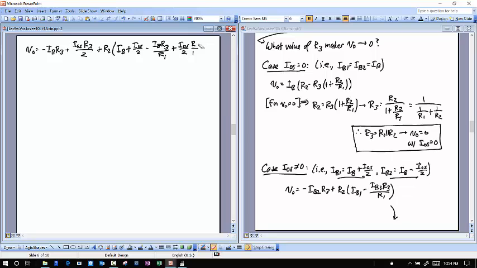Let me be clear about the R3s here. Still doesn't look like a 3 necessarily, so there it is. Okay, so this is the equation that I end up with for V naught.